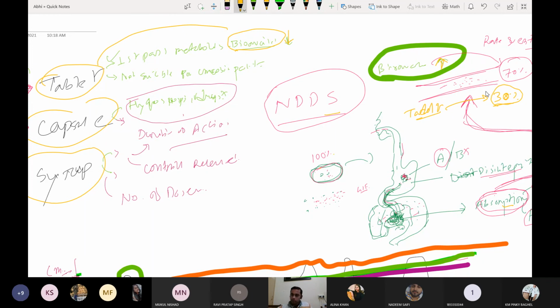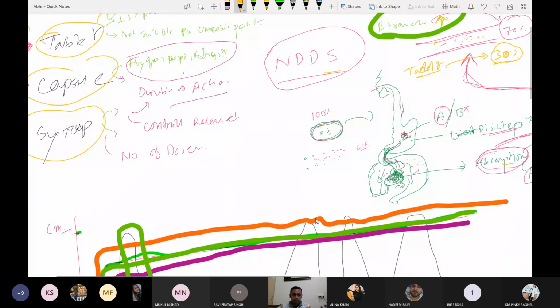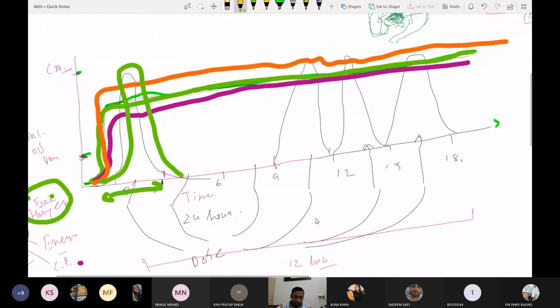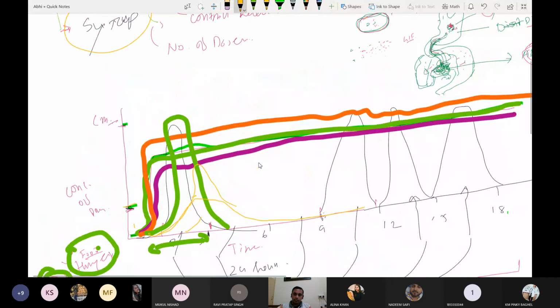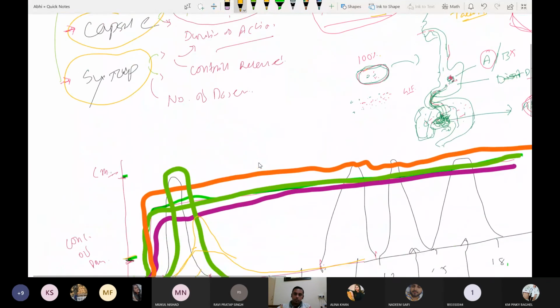So 30% of the drug molecule will remain in your systemic circulation. So it will not be able to show proper therapeutic action. Its concentration will be like this. It will not be able to reach the minimum inhibitory concentration. That concentration has to be improved. That's why we have NDDS, to enhance the bioavailability.